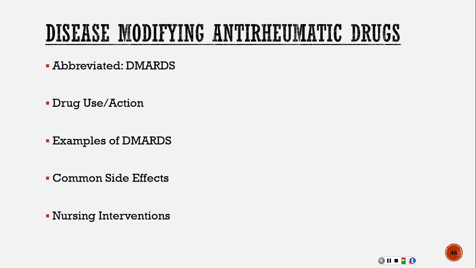Avoid alcohol use. And then you'll monitor for toxicity by lab values. Also, Arava, ARAVA, is a medication that falls in this category. It should not be used by women that are of childbearing age. That's Arava.